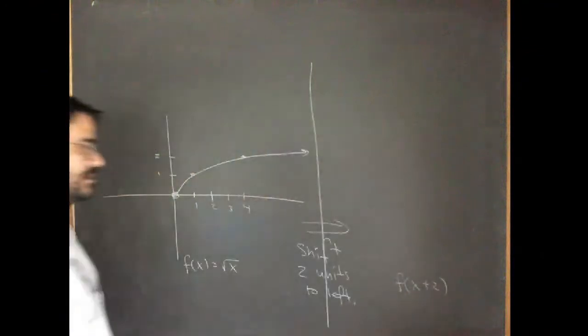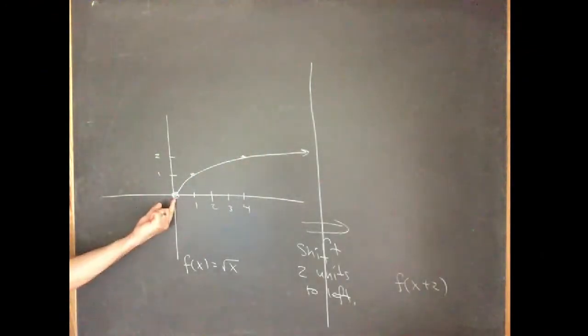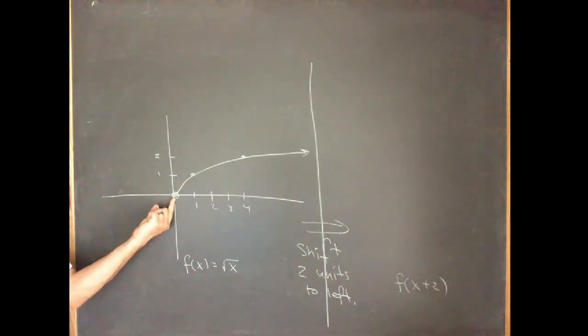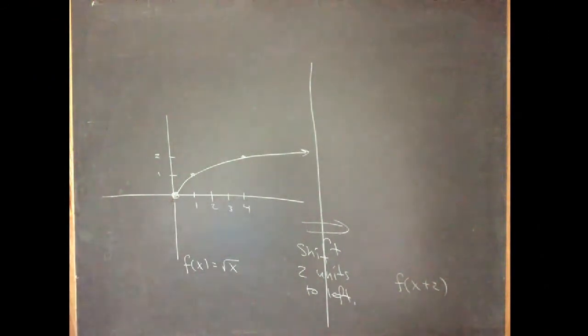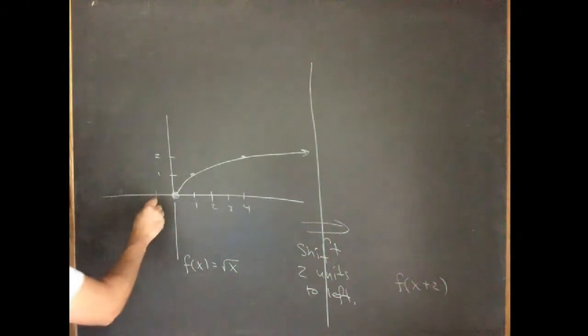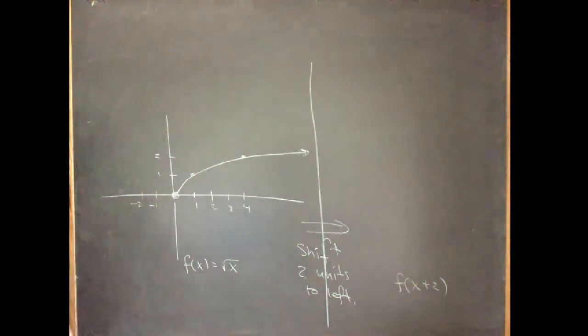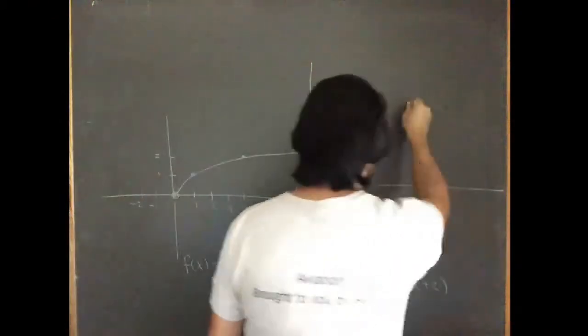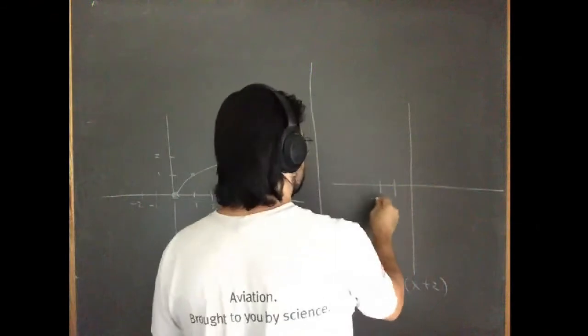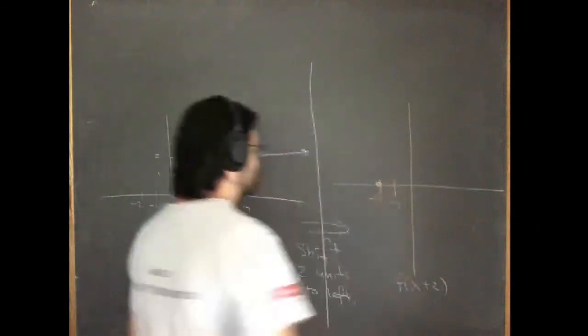This point here is going to go from an x value of 0 to what x value? What's the new x value of this point when we shift over by 2? Yeah, we're going to the left, so it's going to go over here to negative 2. So in my new picture over here for this function, this value goes to negative 2.